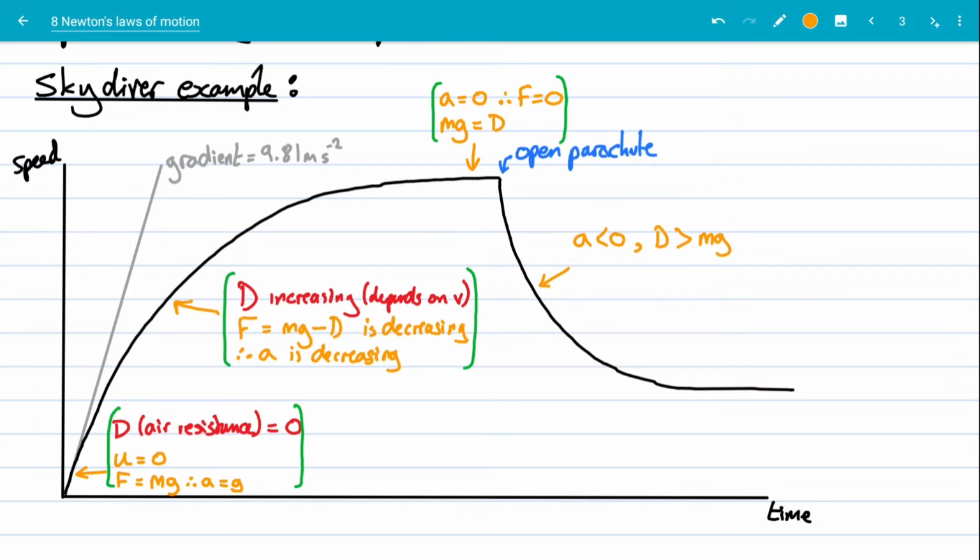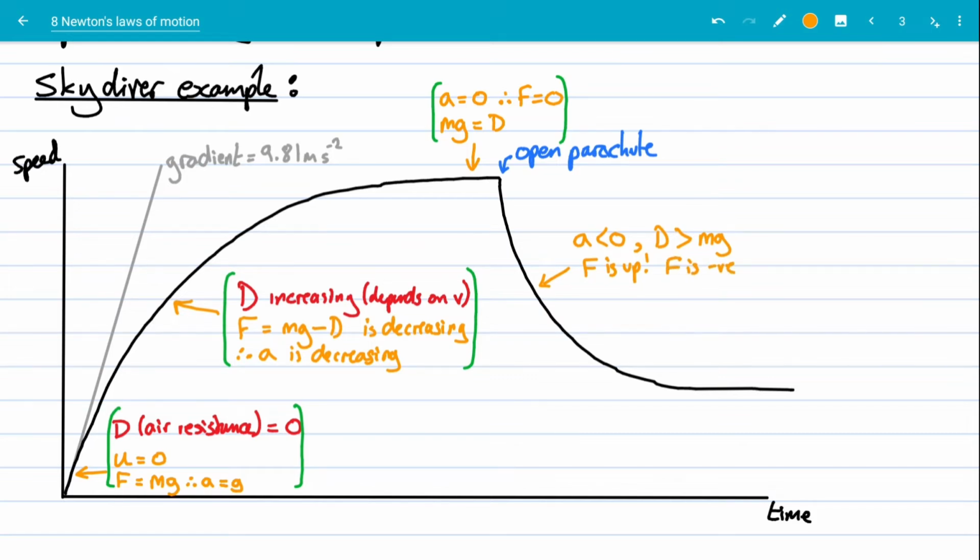So the resultant force is up. So F is up. And we use the same equation from down here. F equals mg minus d. But d is bigger than mg, then F is negative.